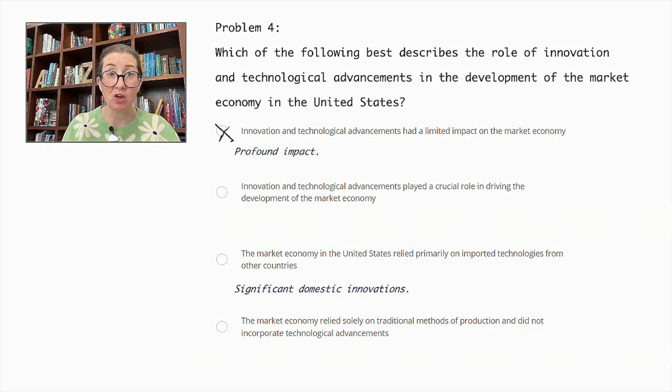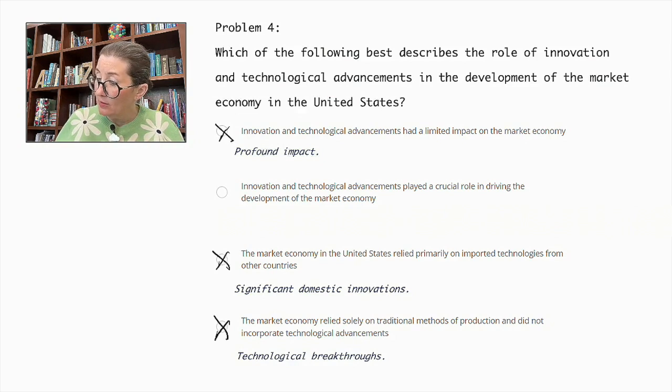While some technologies were adopted from other countries, the United States developed many significant innovations domestically. So let's cross that out as well. The idea that the market economy relied solely on traditional methods ignores the numerous technological breakthroughs that revolutionized various sectors. So we can eliminate that answer as well.